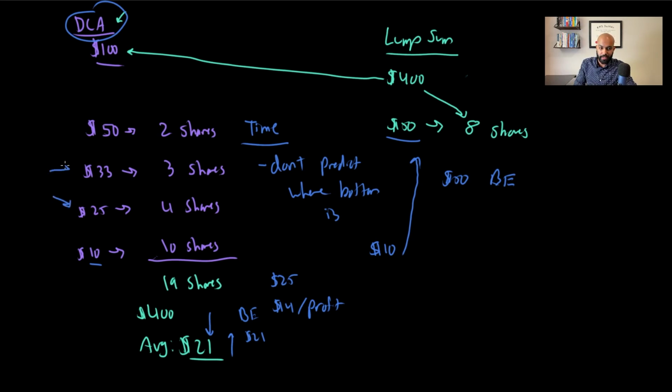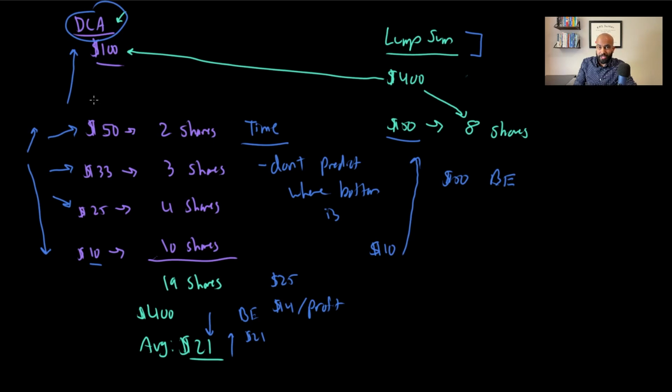If the market goes up, great, you buy 3. Market continues going up, great, you buy 2. It takes all the guesswork out of it. You accumulate more shares as the stock price goes down, and fewer shares if the stock price goes up. By doing this, you're averaging your risk and reducing your risk. You're actually averaging a lower price, which overall is going to help you become wealthy in the long run. So that's why we do not use lump sum, and that's why we use dollar cost average.